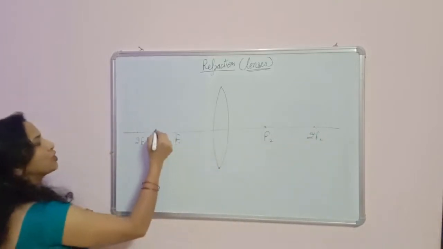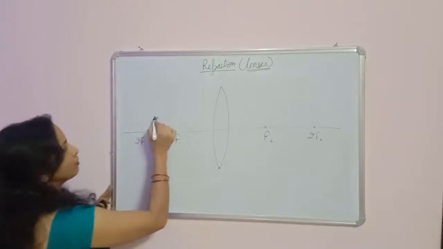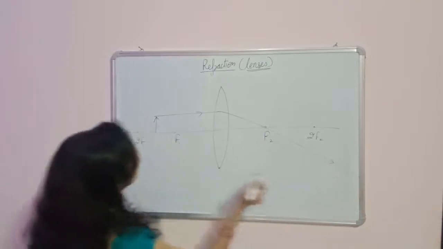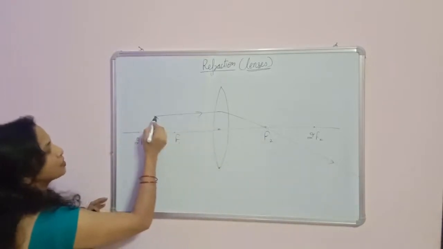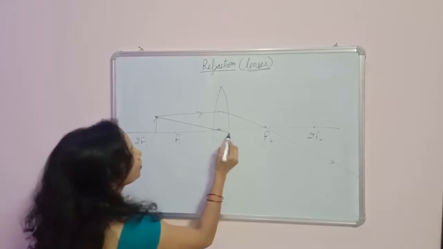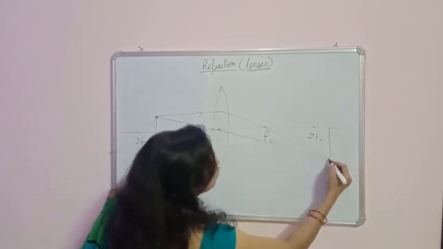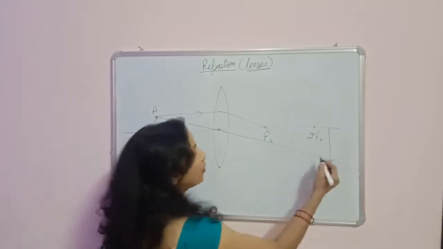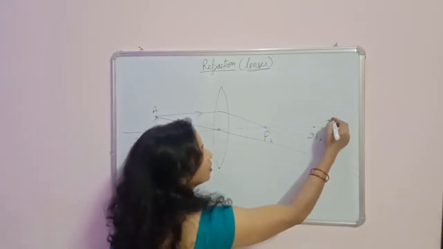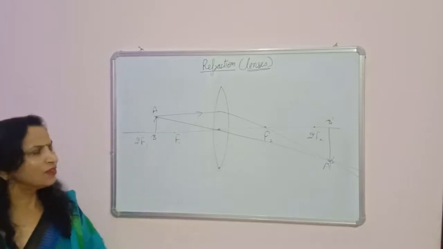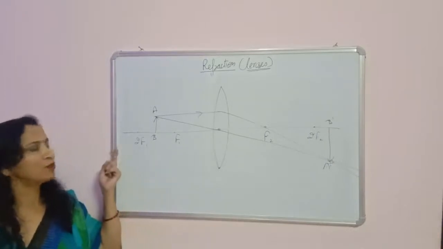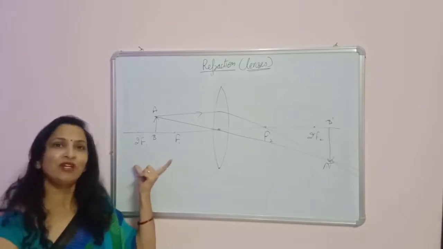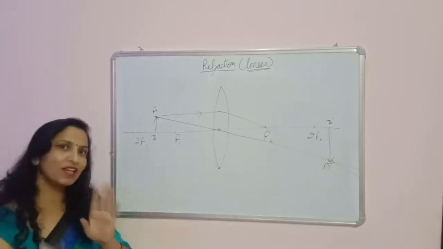So now we are placing the object between f and 2f. The ray coming parallel will pass through the focus like this. The ray coming towards the optical center passes straight without any deviation. So these light rays 100% will meet beyond 2f. It's really easy to learn: if we place the object beyond 2f, the image will form between f and 2f, and if we place the object between f and 2f, the image will form beyond 2f. These are vice versa.